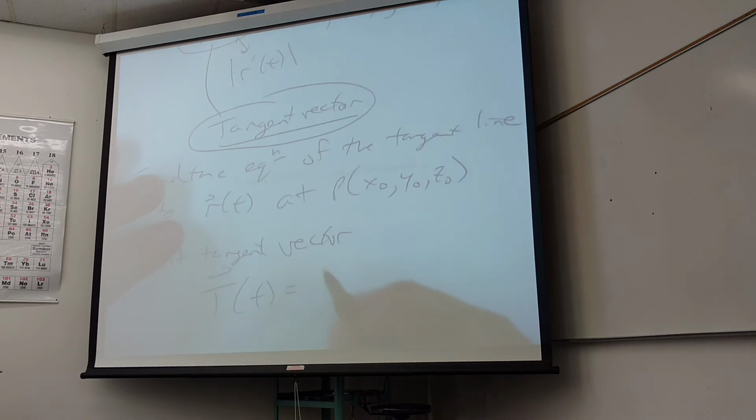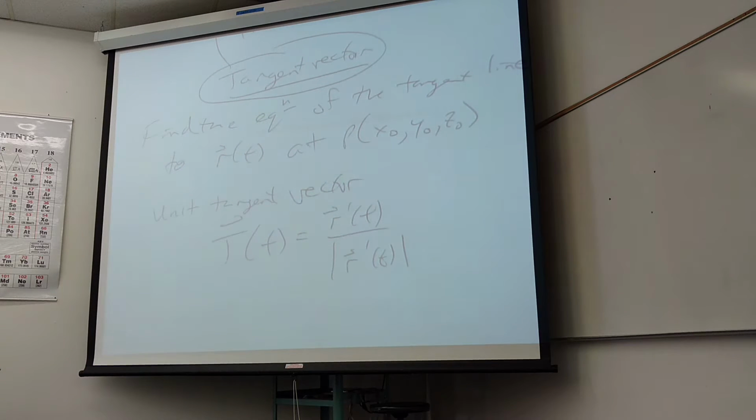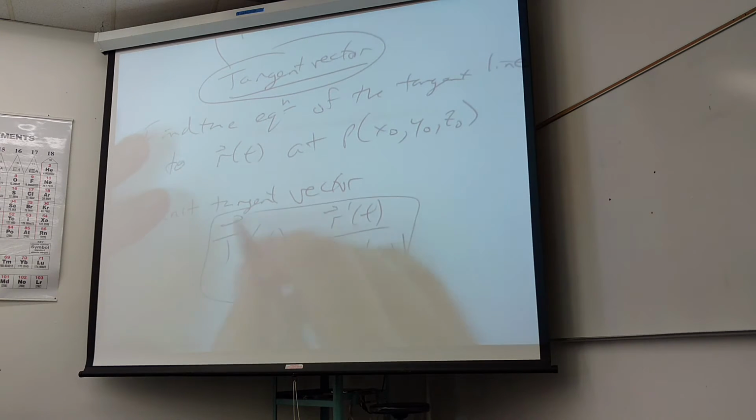Cool. So that is the unit tangent vector. Again, unit vectors are remarkably useful because then you can use them to build, and make them any length you want very easily. We're also going to use this in a few further theorems and formulas in the future.